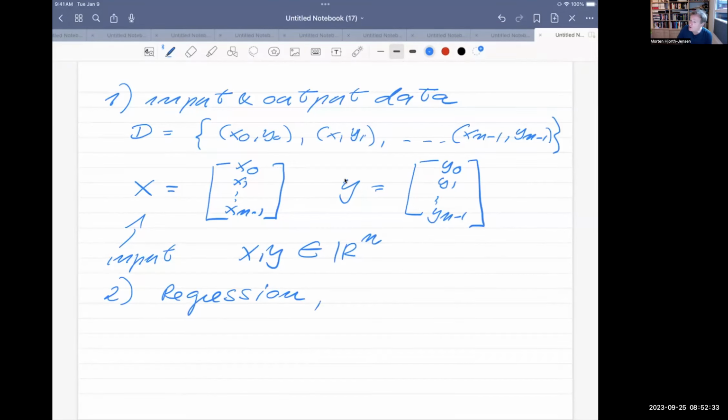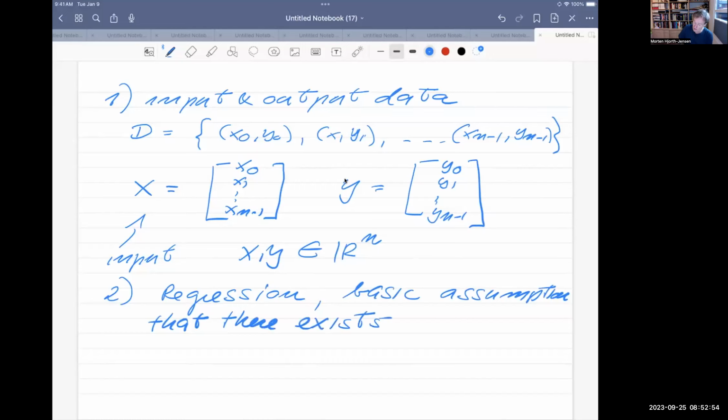And we are going to make an assumption about the data. This is a basic assumption about our data, that there exists a continuous function, and we don't know that one, which I'm going to call f of x.